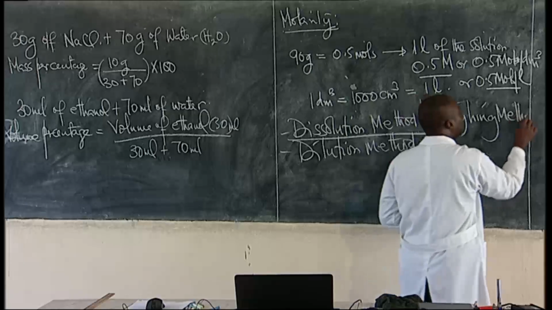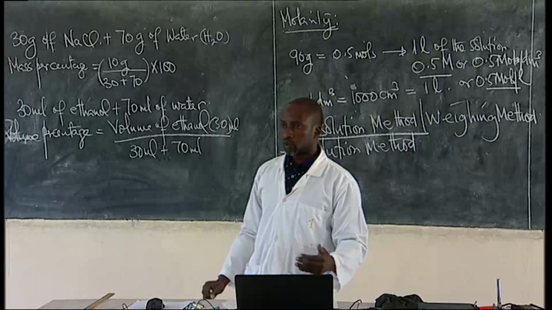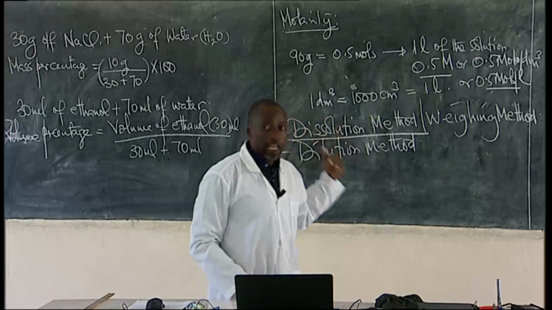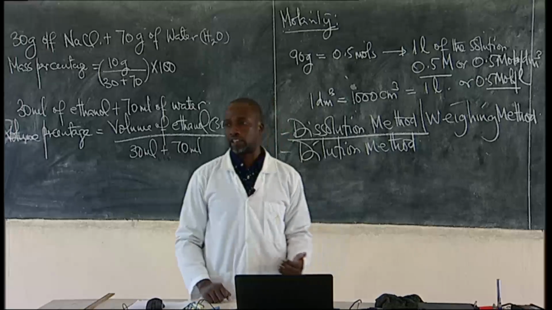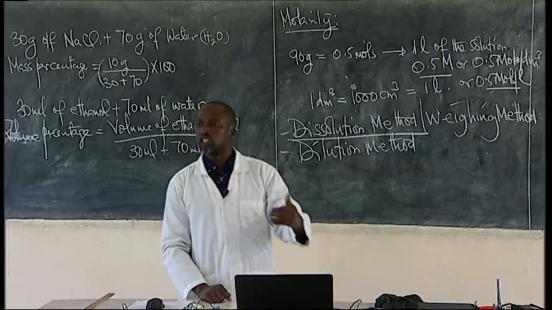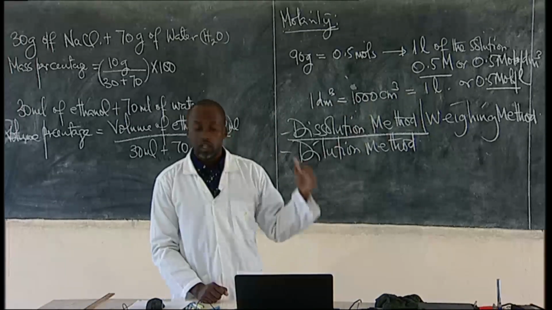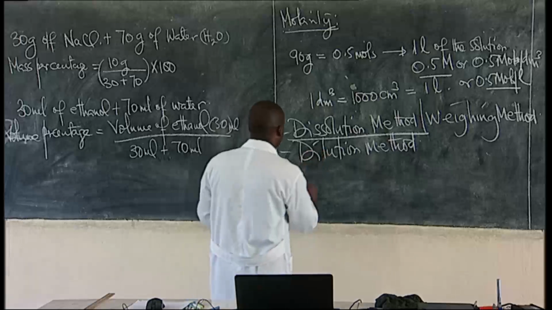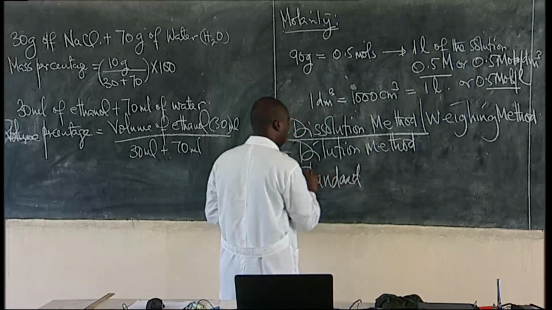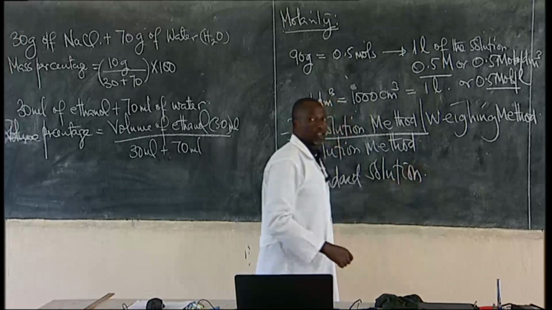The weighing method means that we have to take the weight of certain components. And after weighing, if we are able to go through the steps, the solution that we make at the end of using this method is said to be a standard solution. What is this standard solution?